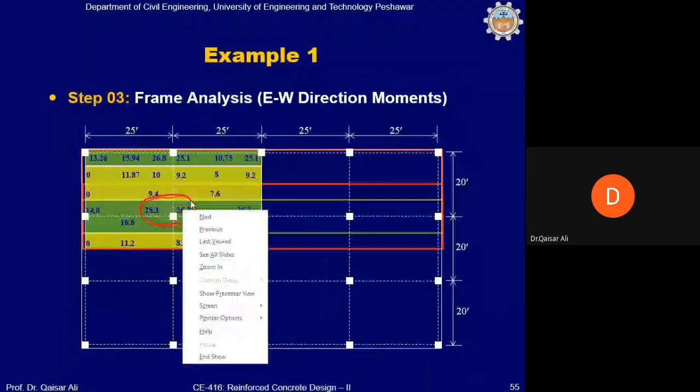Once the area of steel is calculated for this bending moment, for all other bending moments the unit rule can be used to calculate reinforcement. So the bending moment is 28.3 foot kip. This is Mu basically for the column strip negative bending moment.